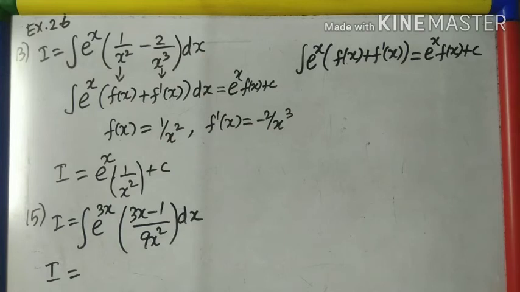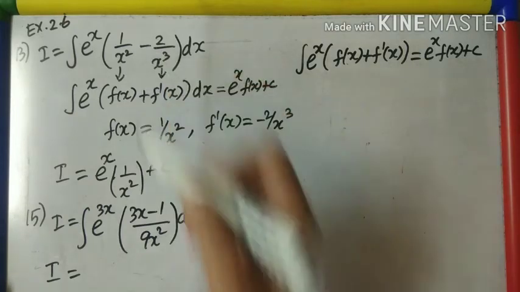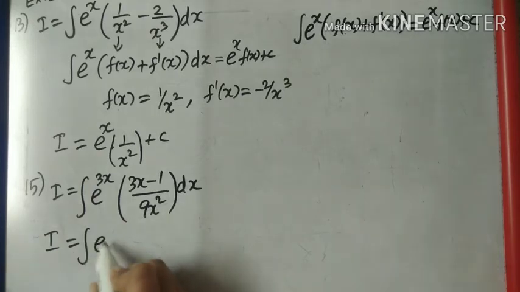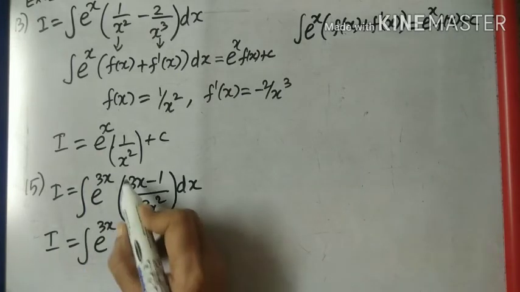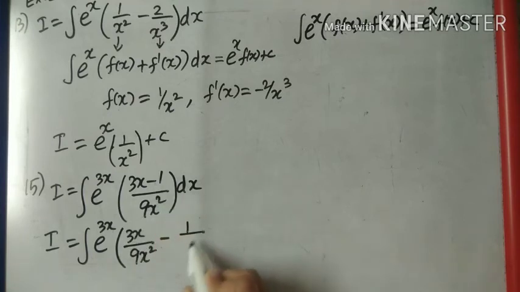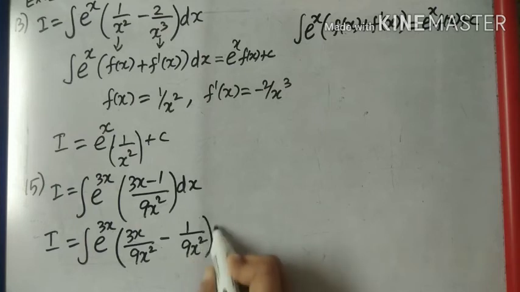Question number 15. I equals integral e power 3x, 3x minus 1 by 9x square. I am trying to write in this pattern. So, e power 3x, this first term 3x by 9x square, second term 1 by 9x square into dx.